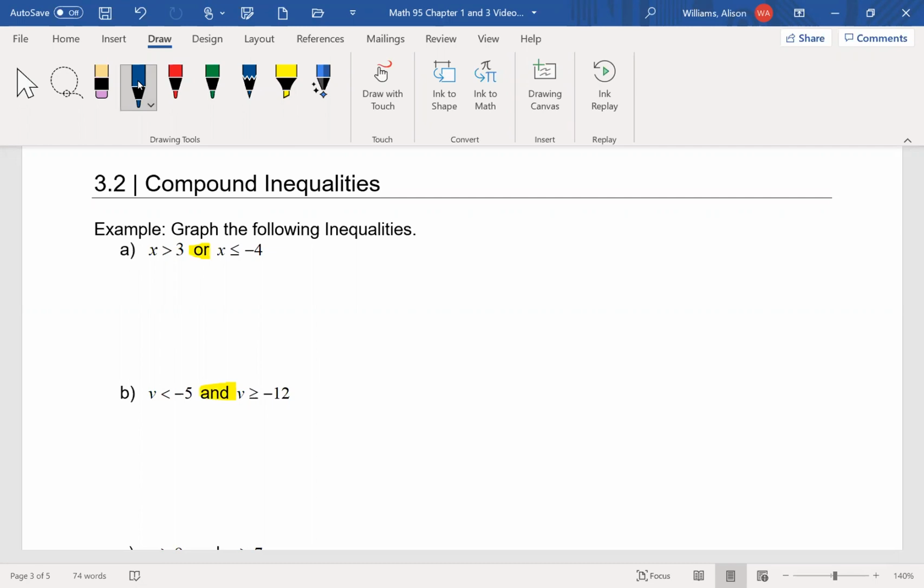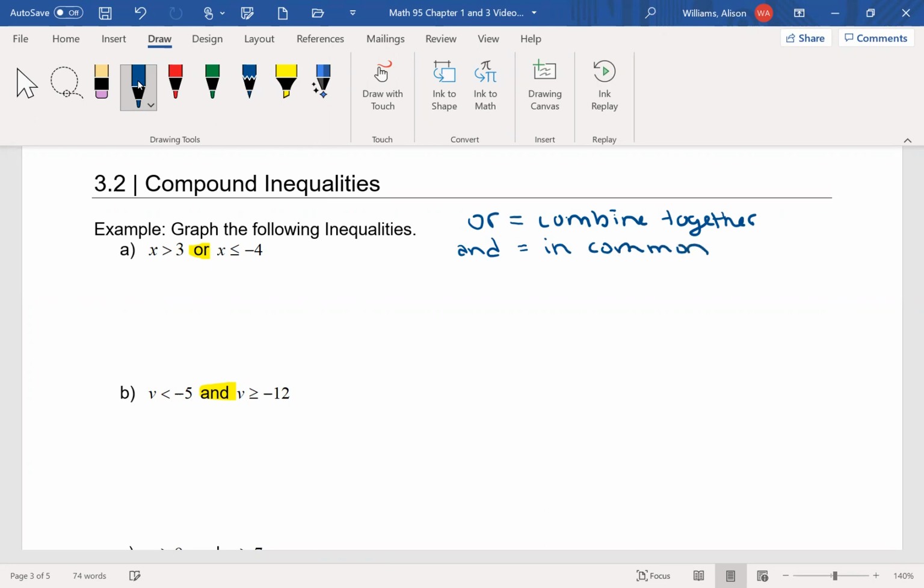ideas attached to them. When we see or, it means that we combine the two together. But when you see the word and, it means you look just at what they have in common.